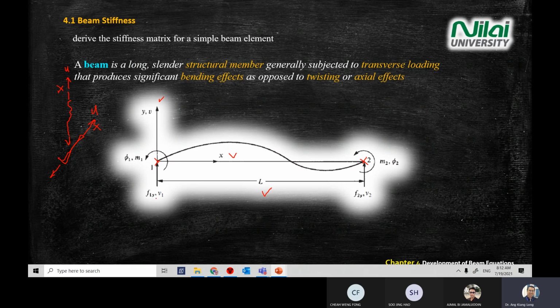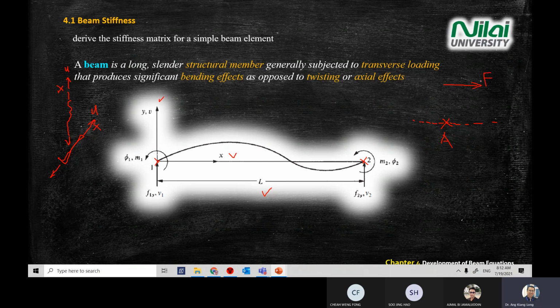So for beam, your displacement will become v, and since you have a force at both ends, you need to recall what a moment or torque is. This is your reference plane, this is point A, and you have a force.